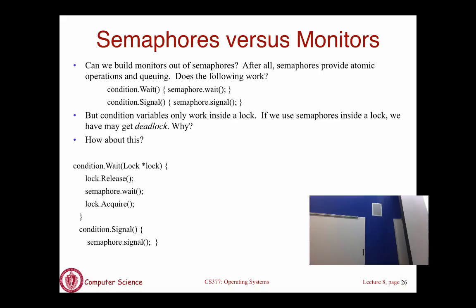Then you check the value of the semaphore. If the value has gone negative, then the thread blocks. Remember, that's what we said. So if you want to use it as a lock, you basically initialize the semaphore to 1. That's a binary semaphore. You initialize it to 1.